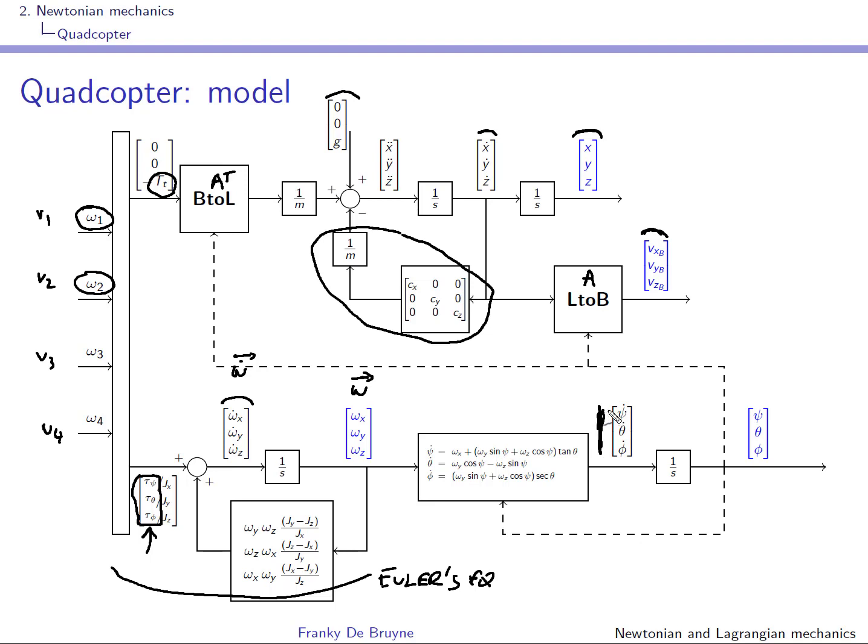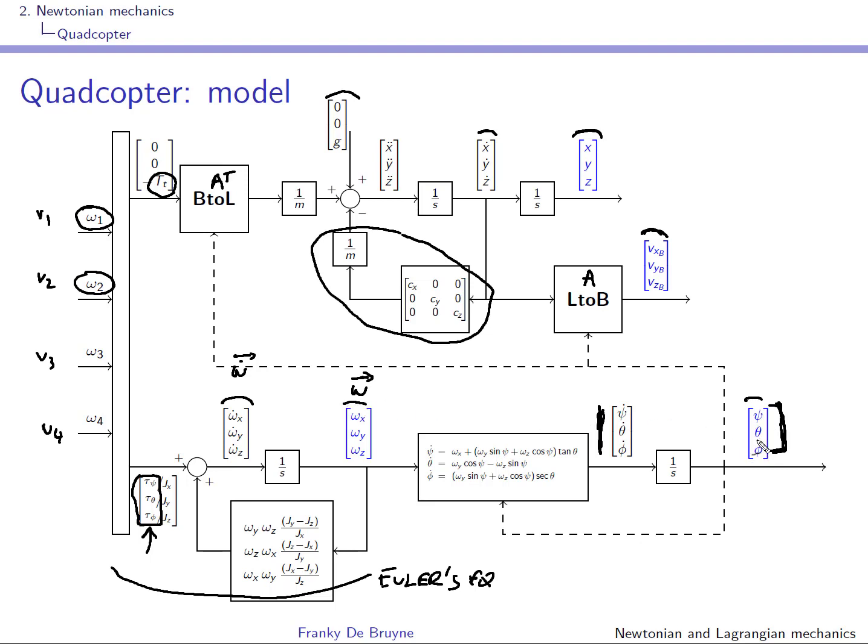Why do I need these? Because the Tait-Bryan angles are in my state. So I take these, which are obtained through these formulas, I integrate them, and then I obtain the Tait-Bryan angles. So I have now my four states.